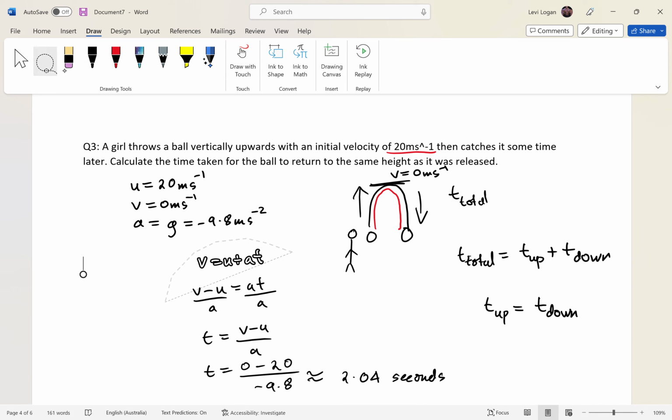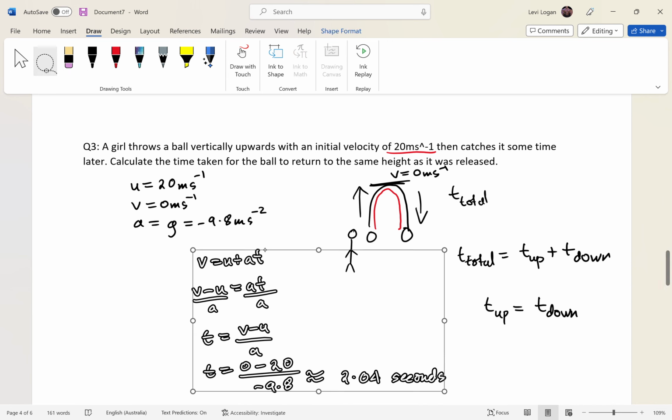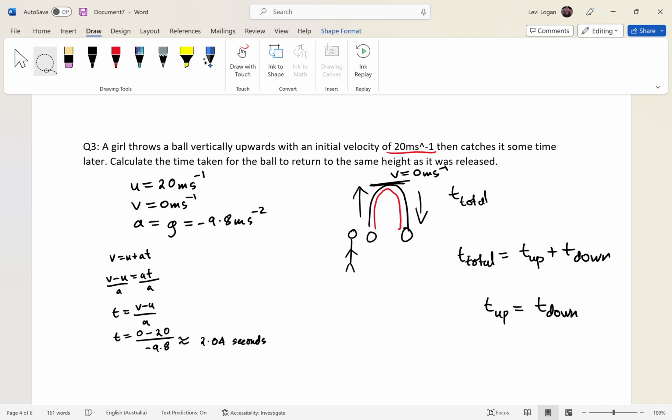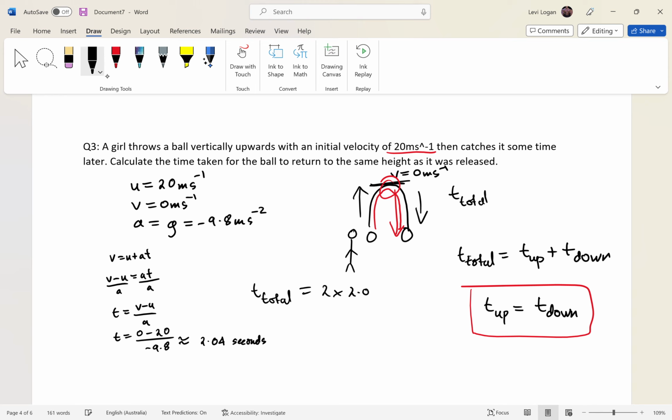So, what we've calculated here is the time it takes for the ball to reach its maximum height. All we've calculated is the time it takes for it to reach here. We want the total time. We want the time it takes to go down. And since we know that the time up equals the time down, our total time is just going to be 2 times 2.04.